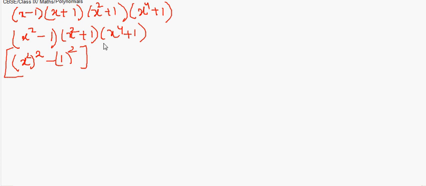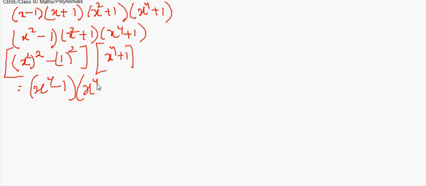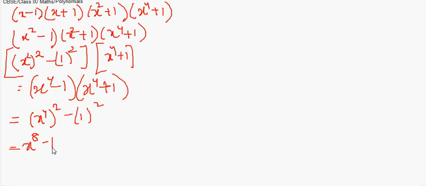The rest remaining x4 plus 1. Now if we solve this, I'll get x4 minus 1, and the other one is again x4 plus 1. This again can be applied as the third identity, that's x minus y and x plus y. So it is x4 square minus 1 square. So that gives us x to the power 8 minus 1.